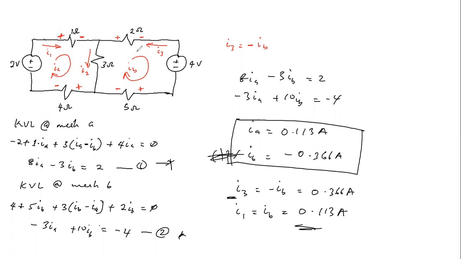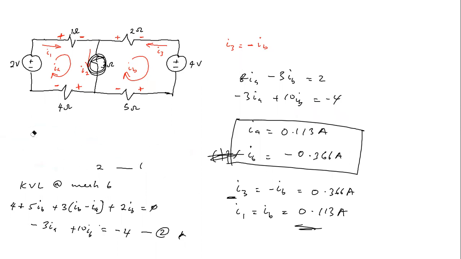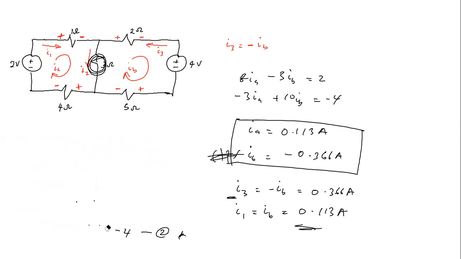So let's assume in this case, we have this branch replaced by a current source. So let us write this, and then talk a bit about the super mesh concept before solving an example.